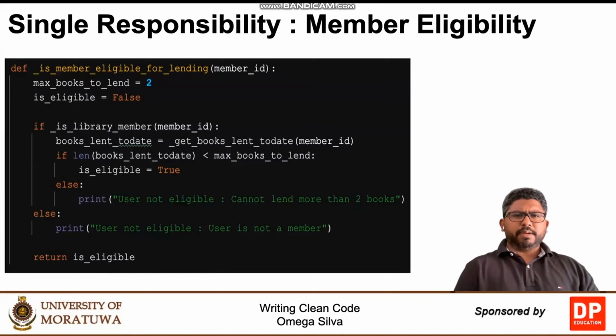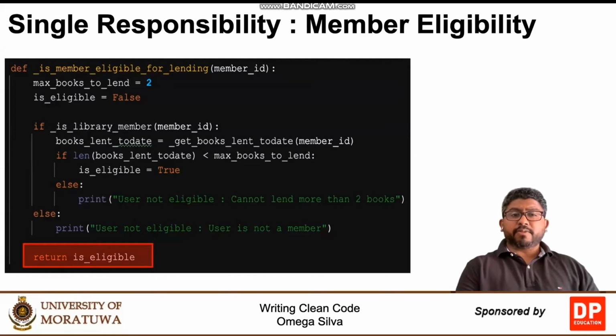What you see on the screen is a new function that we have created by extracting the piece of code which did the member validation, or checking the member eligibility. As you can see, since this is a function, it returns something. So it is as if the function is member eligible for lending.